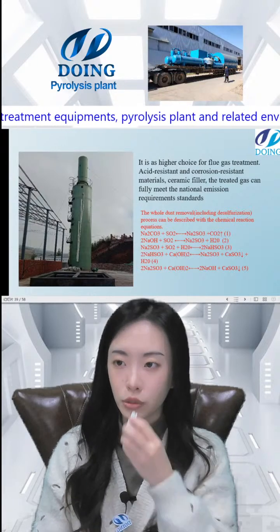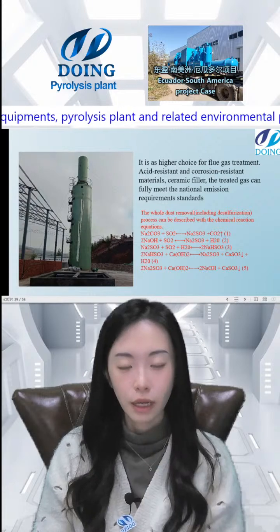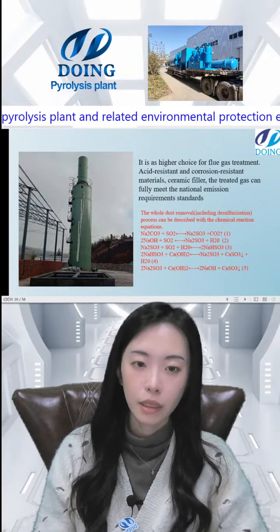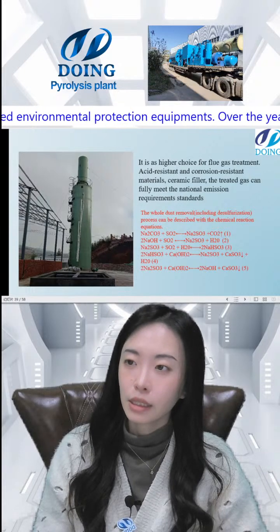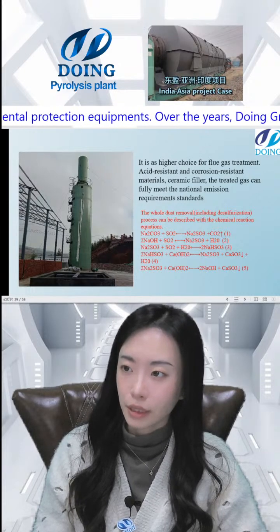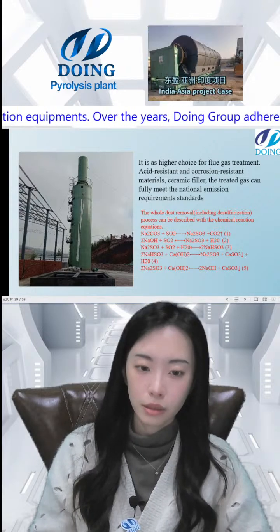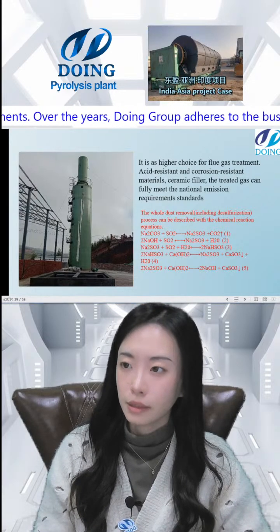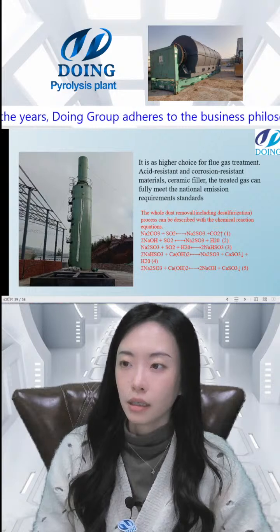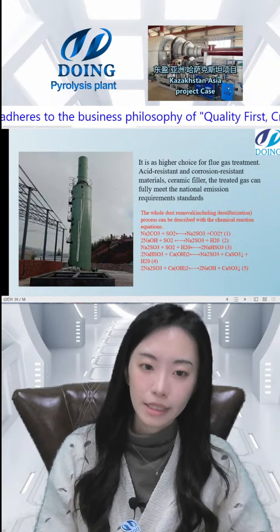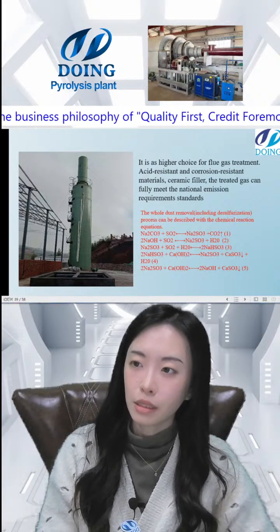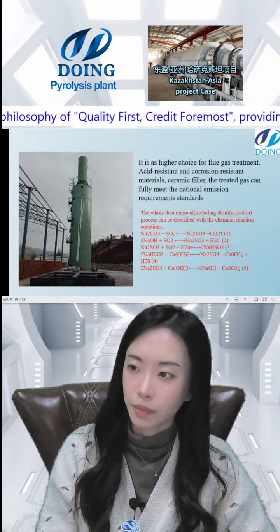This is a high choice, the most expensive, and the efficiency is higher. This is the acid resistant and corrosion resistant materials surrounded, and the inside is the ceramic filter. The treated gas can fully meet the national emission requirement standard.